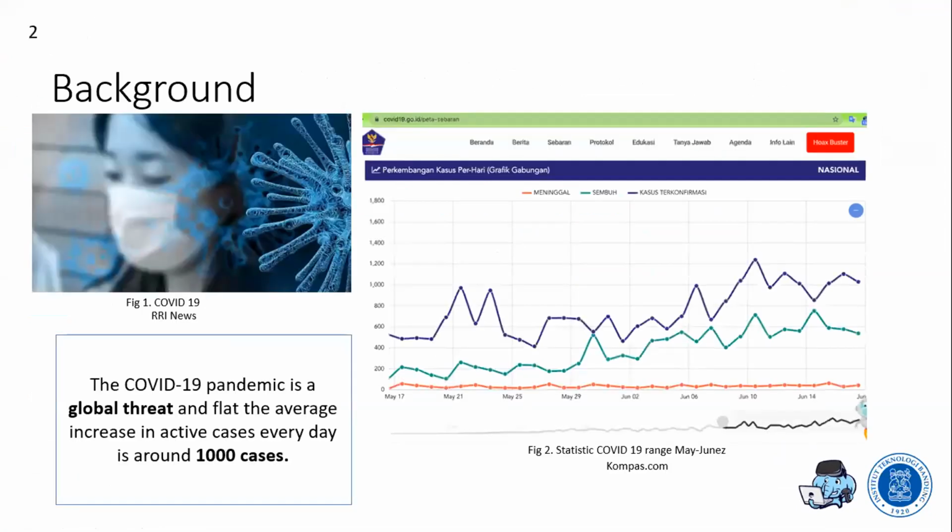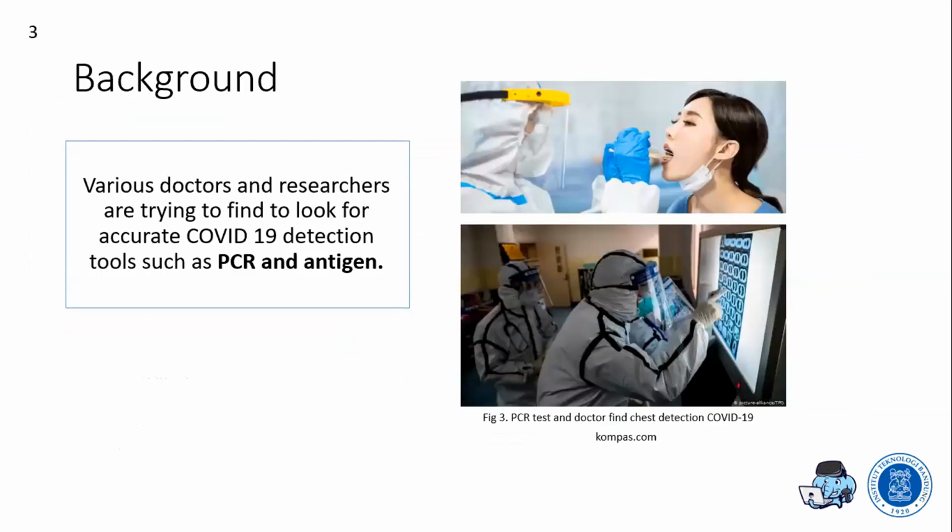And the background: the COVID-19 pandemic is a global threat, and the average increase in active cases every day is around 1,000 cases. The high number of cases is not proportional to the number of health workers.